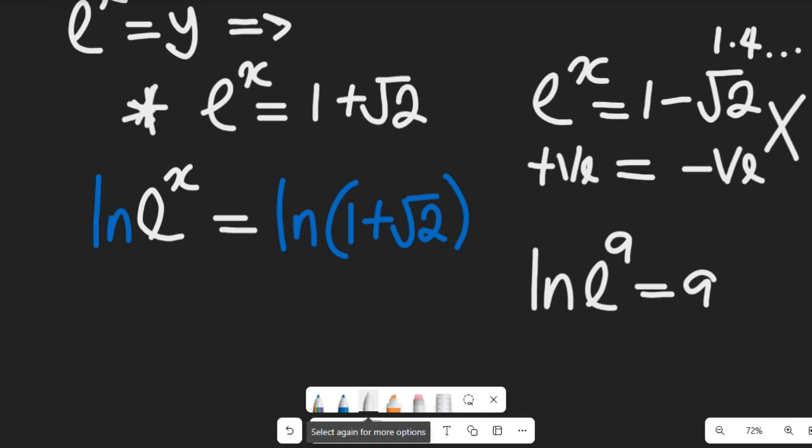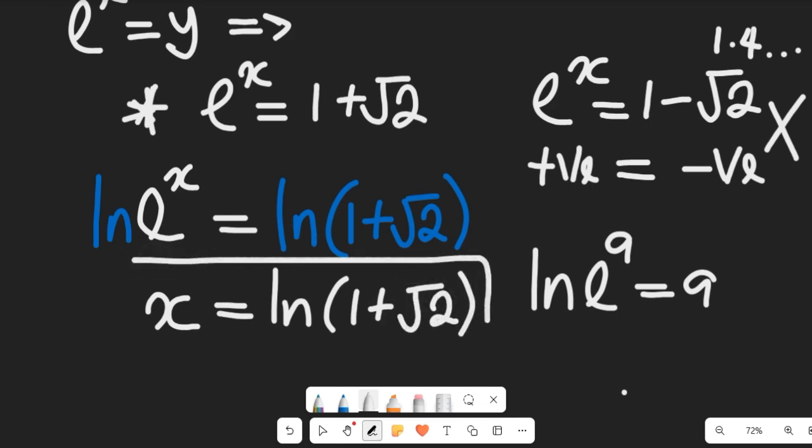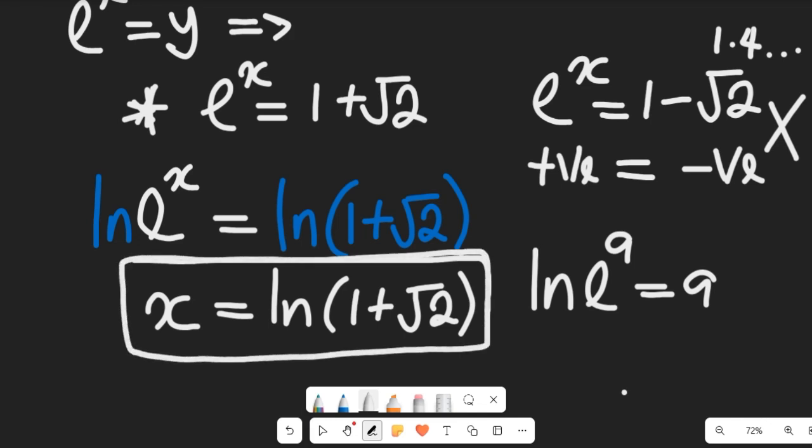So if I have the ln of e to the power of x, this can be equal to x. So x can be equal to the ln of 1 plus root what? Root 2. And this is the value of x that satisfies that math expression given to us up there.